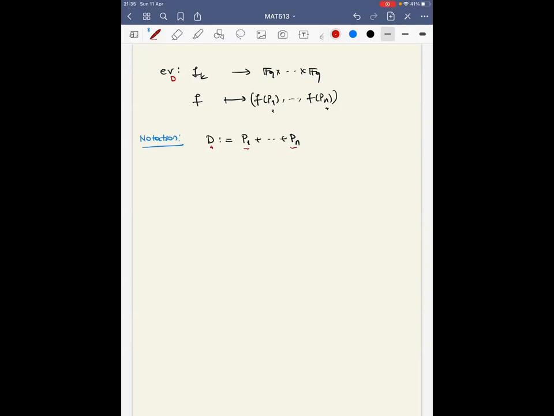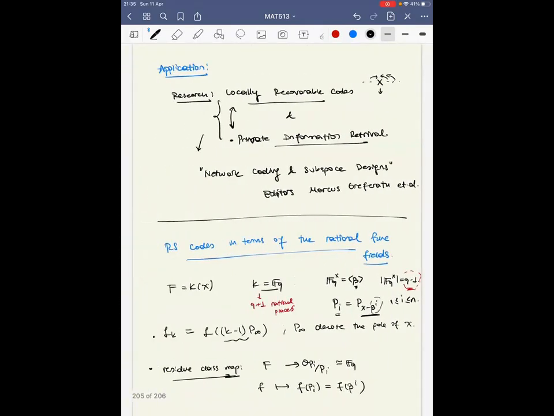The second thing I want to point out: here we consider evaluations in terms of residue class maps, and if you recall the definition of the residue class map, we also consider the case when the evaluation is infinity.